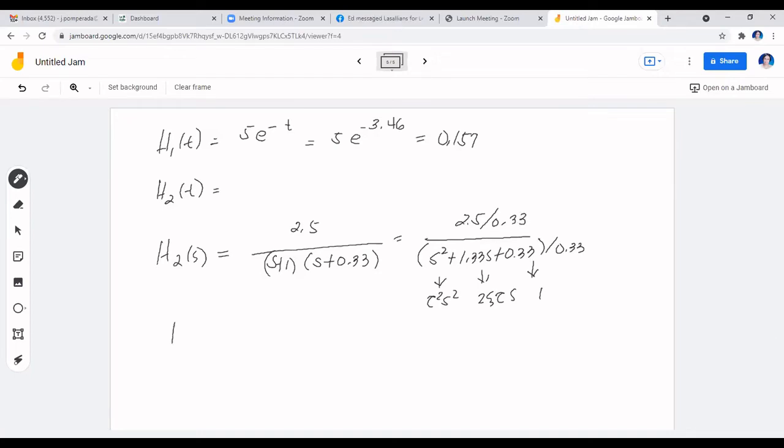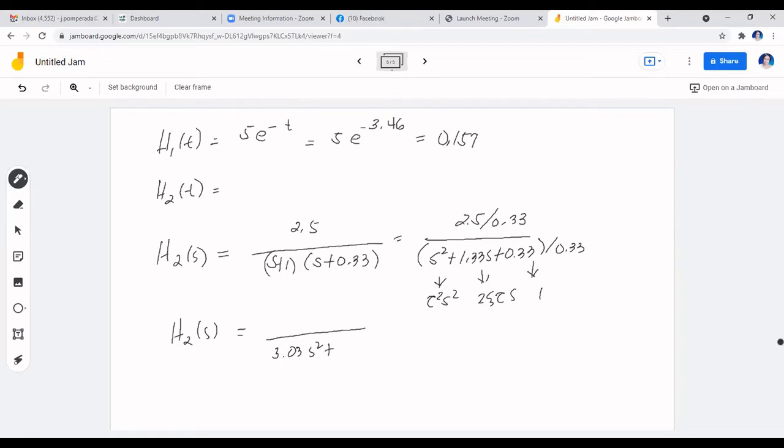Now in this case, you will have 1 divided by 0.33, so that would be 3.03 S squared. And your 1.33 will be divided by 0.33.